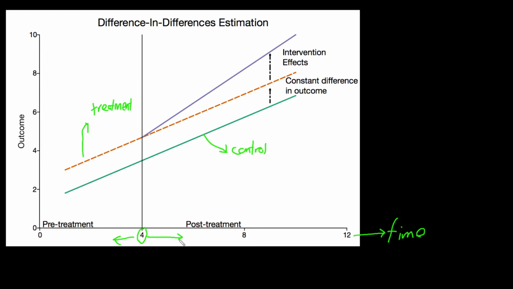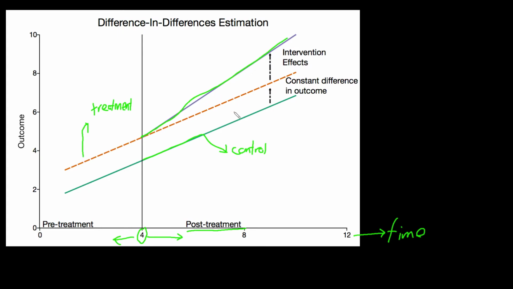So this is our post-treatment like we talked about, and what we can see, that control group's trend, this line is maintaining its gradient. It's staying the same steepness, okay? Because this is the control group. They're not going to get treated. So nothing really changes for that control group. But on the other hand, we have our treatment group, and at time equals 4, the line actually becomes steeper.